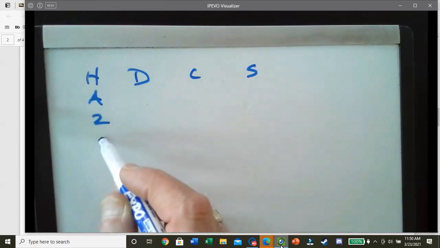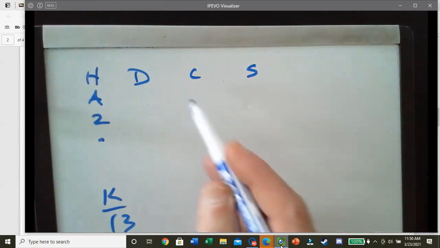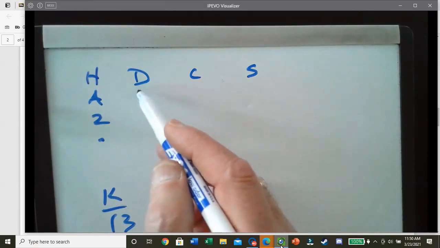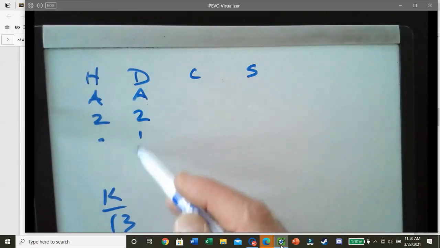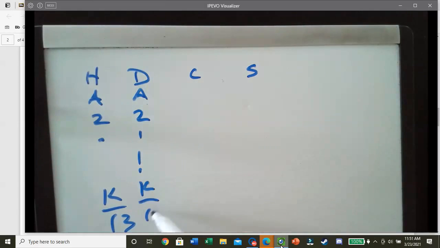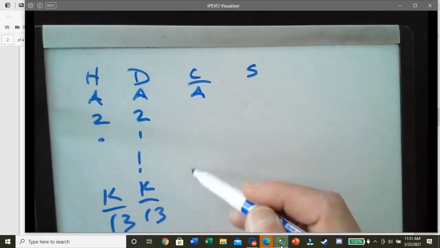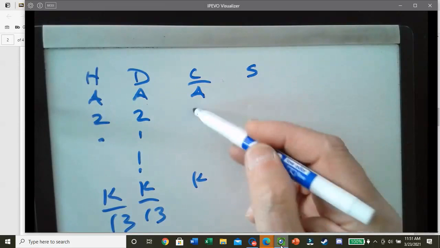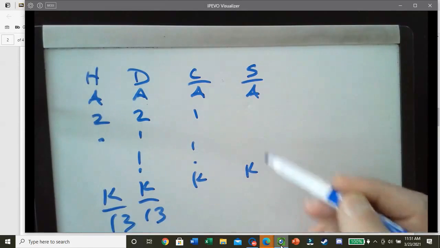Ace, 2, all the way to king, and that's 13. And same thing with diamonds, ace to king, so that's 13. And clubs, ace to king, right? And spades, ace to king.